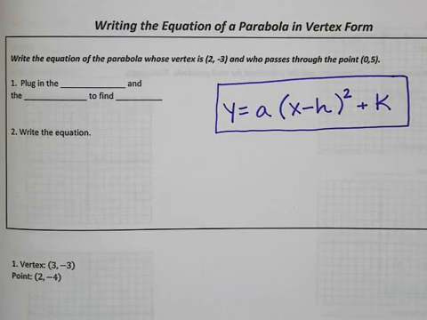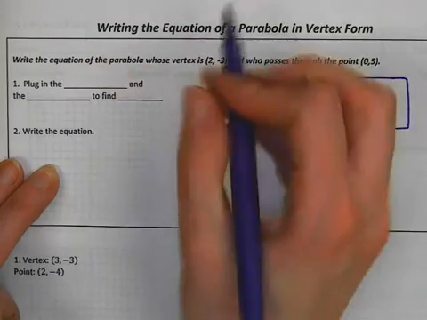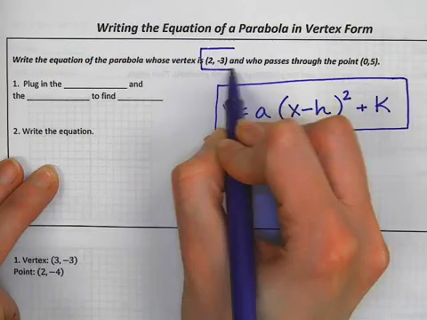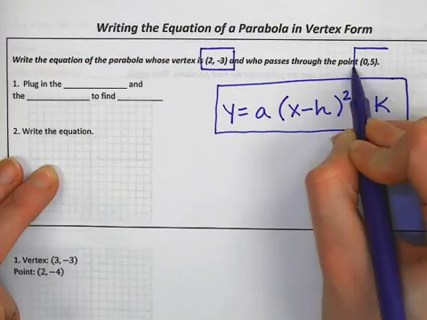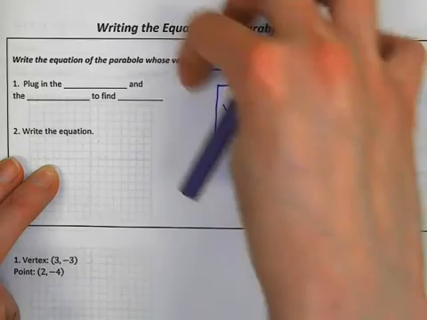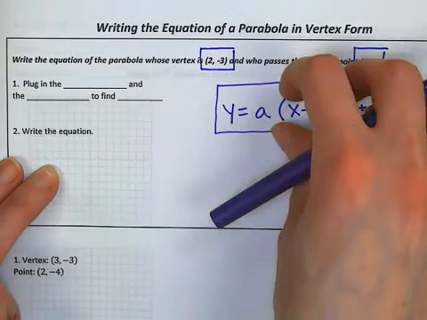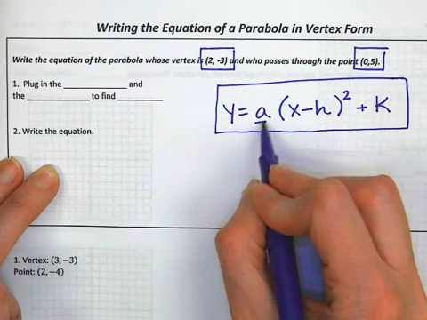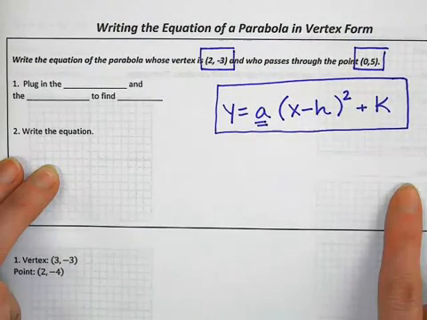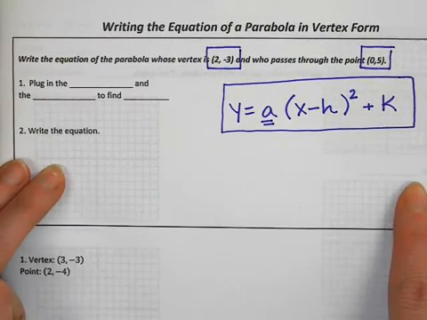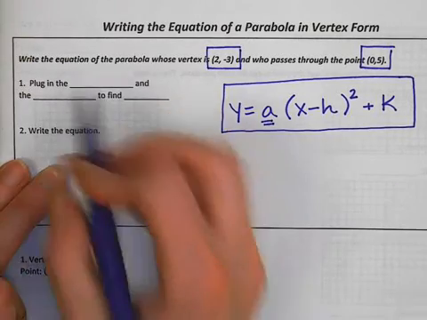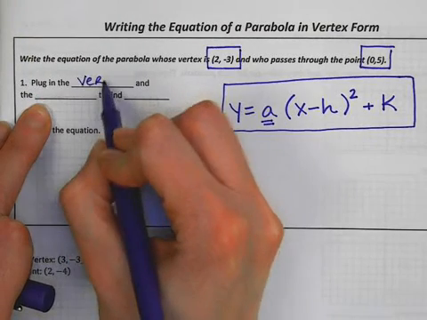So here's what we're going to do. Today, I'm going to give you guys the vertex and a point, and you're going to plug it in and use it to find a, so we can write the full equation of the parabola. So you're going to plug in the vertex.